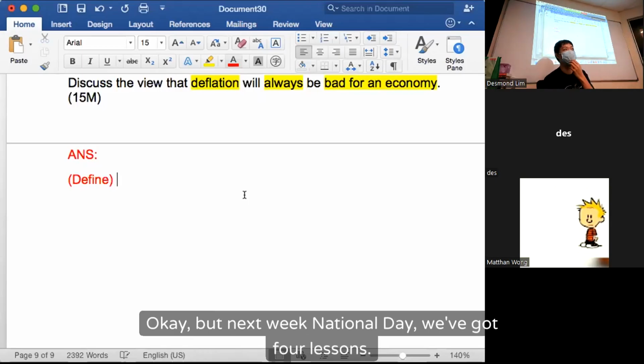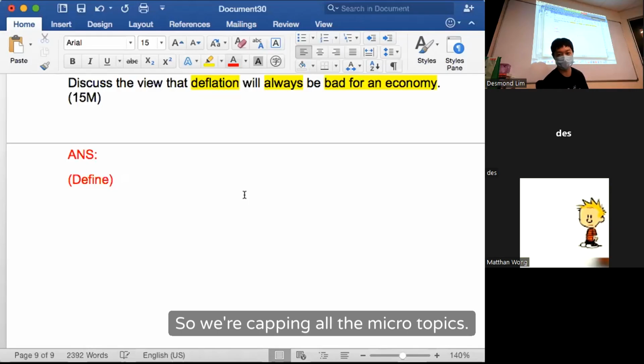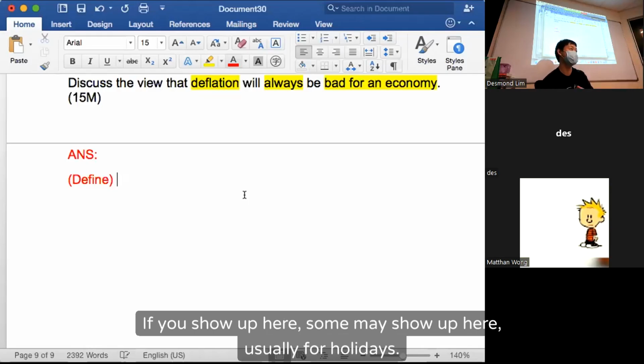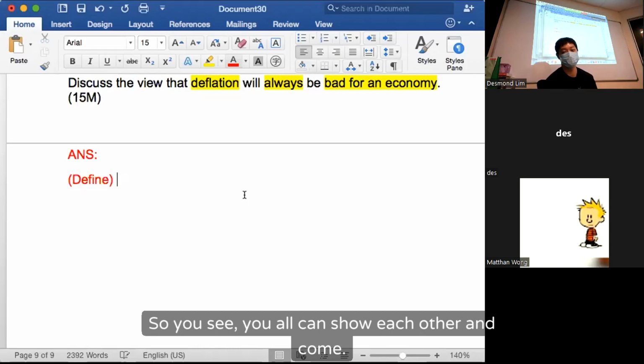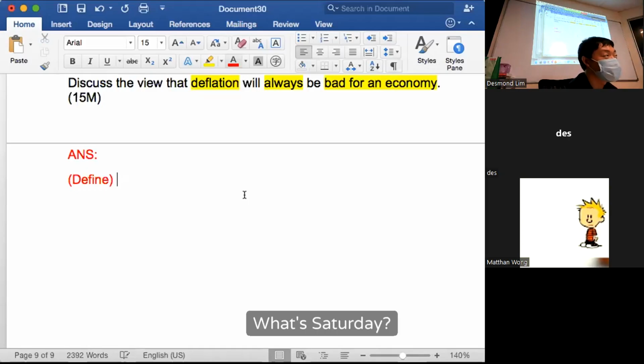Okay, but next week, National Day, we got 4 lessons. So we're capping all the micro topics. If you show up here, some may show up here. Usually for holidays, majority will come. Blaze will appear. The rest will stay online. So you all can show each other and come. Saturday, what time? Saturday is 12:15.